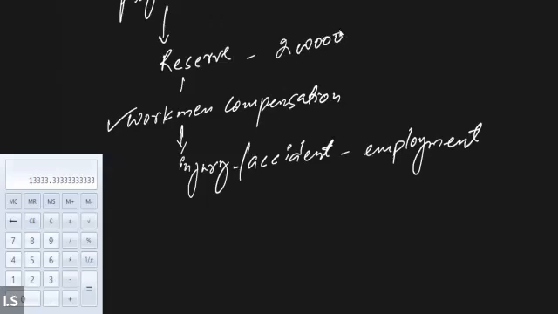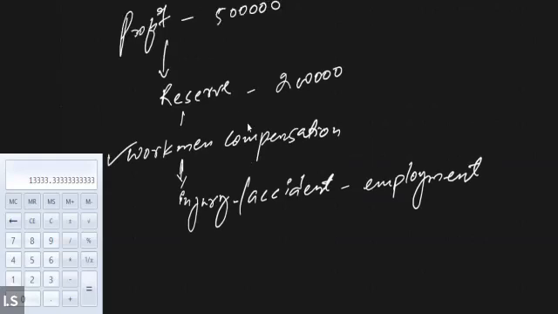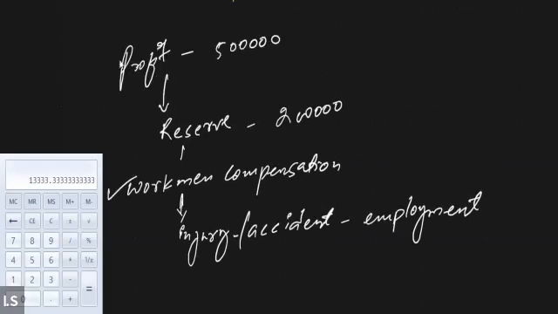So what is the workman compensation reserve? It is part of profit made to pay any employee who got injured or any accident occurs during the performance of the obligation in the premises of the employer.